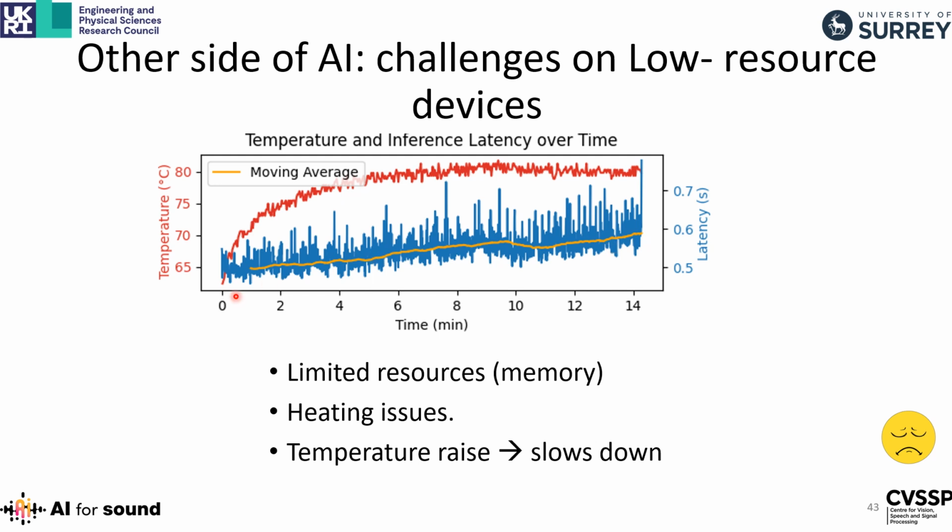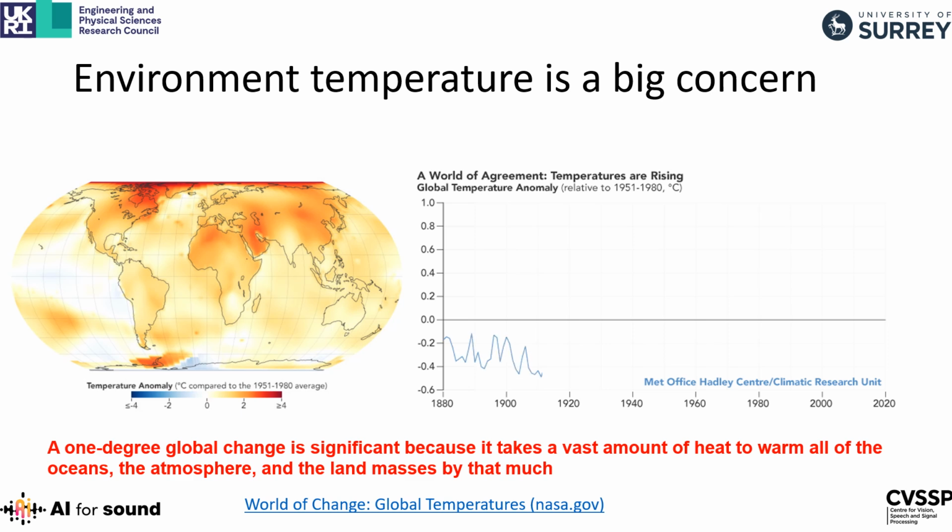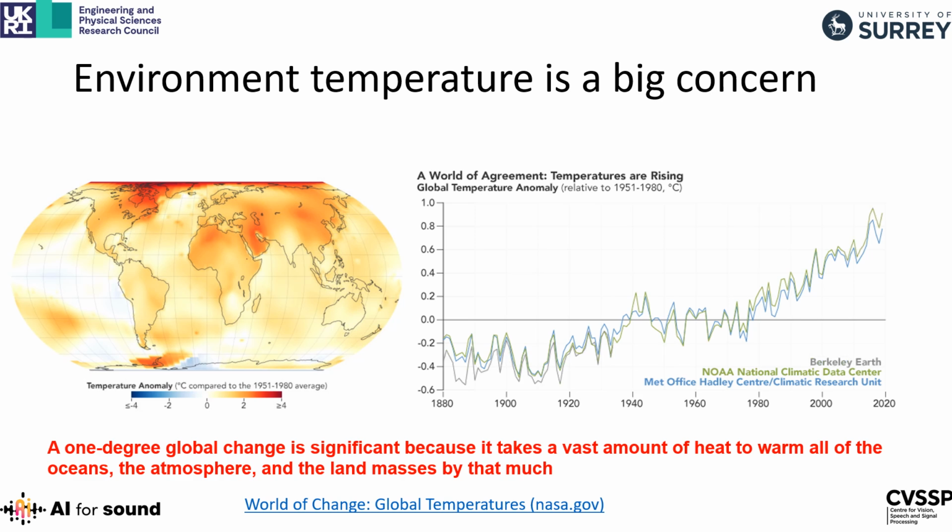This is just a very tiny example, which showcases that if we have large AI models on edge devices, and we embed things on these edge devices, temperature is a big issue, and it causes slowdown. And this is crucial given environmental temperature, which has been rising over the last 5 years of the globe, approaching a +1 degree Celsius change.